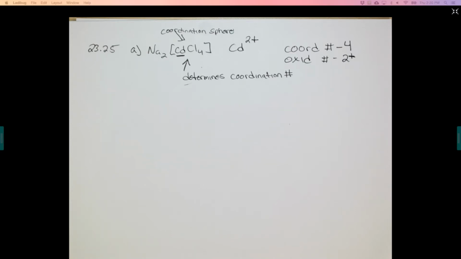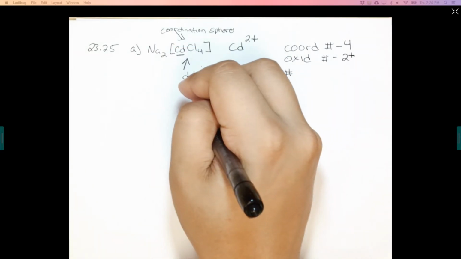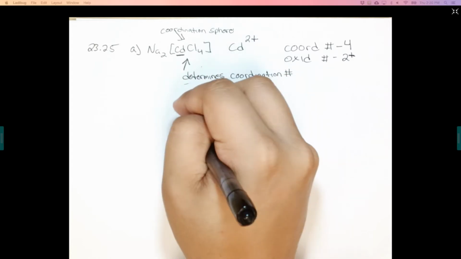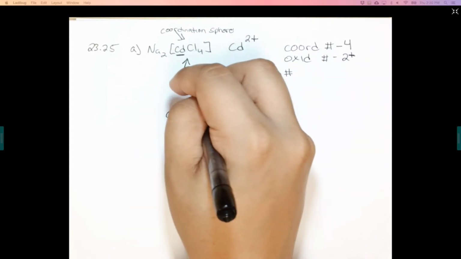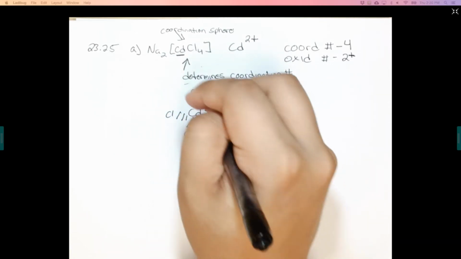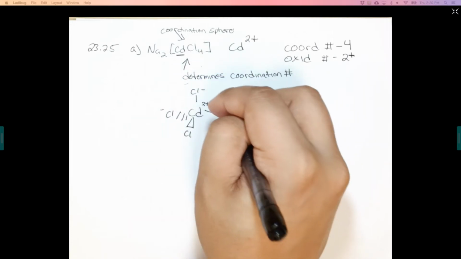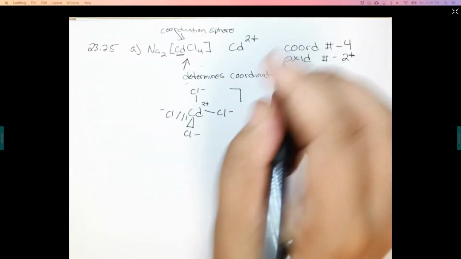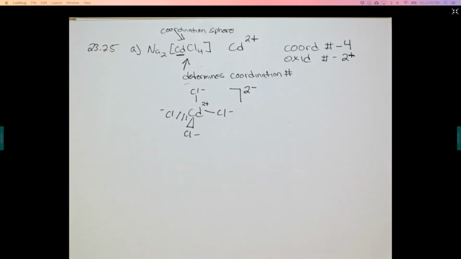Okay? Now, what does that mean for this example? That means that cadmium must be in what is going to be expected to be a tetrahedral arrangement of atoms where we have a 2+, we have a negative charge on all the chlorides, but the coordination sphere is 2- in entirety, right?